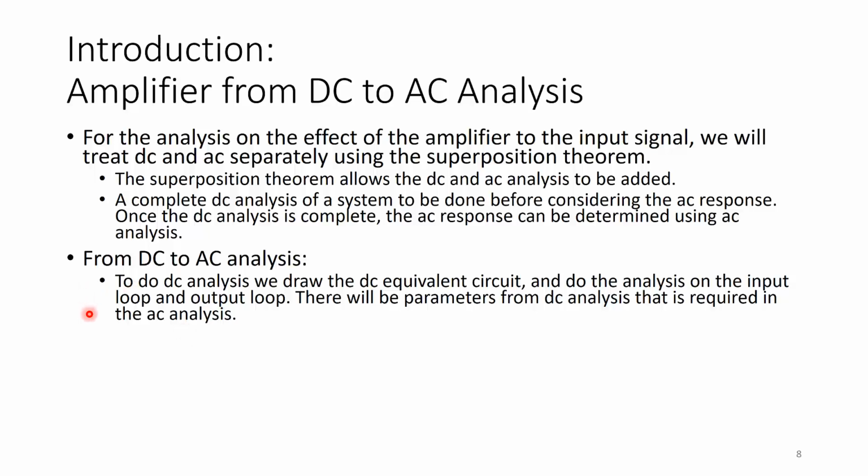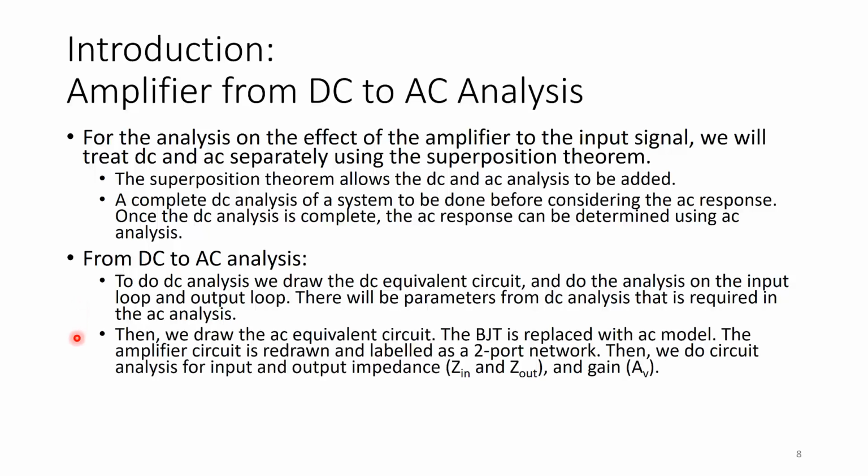We draw the DC equivalent circuit and do the analysis of the input loop and the output loop. There will be parameters from DC analysis that you would have found from the previous topics, and these parameters may be required in the AC analysis.